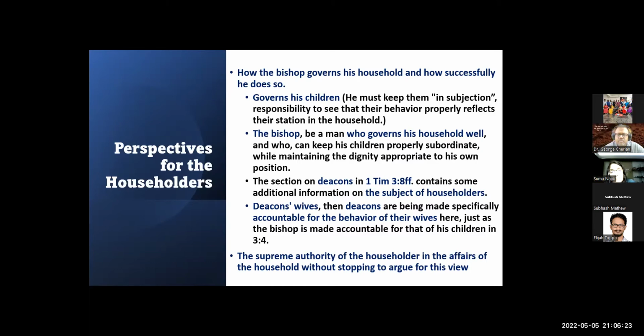This is basically talking about bishops and mostly addressing the children and also the husband and wife relationship, maintaining the dignity appropriate to his own position. So it is enforcing that he must govern his household, including his children and his wife and family, very well. It is very true, right?